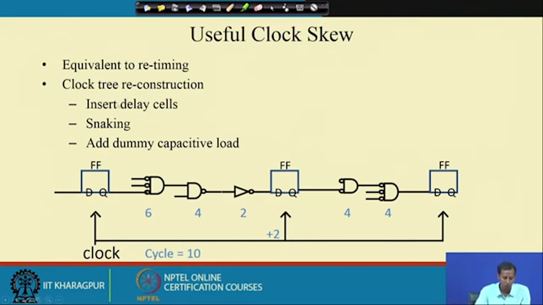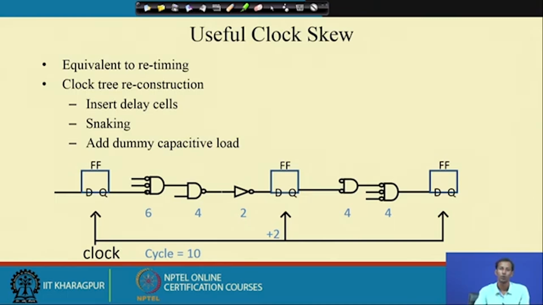How can we do this? We can increase the clock skew, insert a delay cell, or add some dummy capacitive load to introduce the clock skew in this path. These are the techniques by which we avoid the violation.